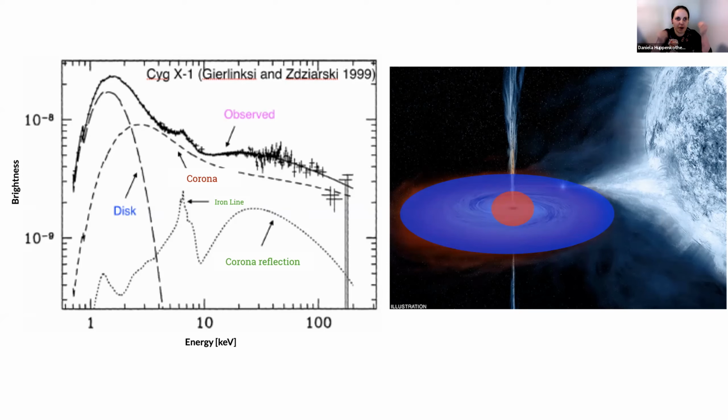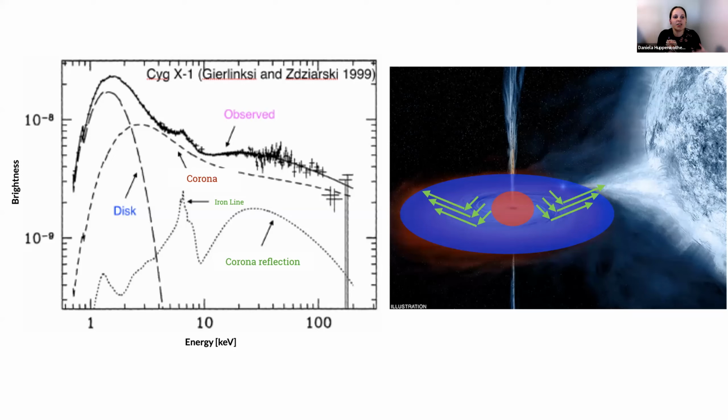And there's a lot of focus currently in trying to figure out where exactly that comes from and what the geometry of that is. And then the other thing that you see is the emission that comes from the inner part of this disk, from this corona, and that illuminates this disk further out and gets reflected, and it gets reprocessed as it gets reflected, and that is what you see in this dotted line that's labeled corona reflection.